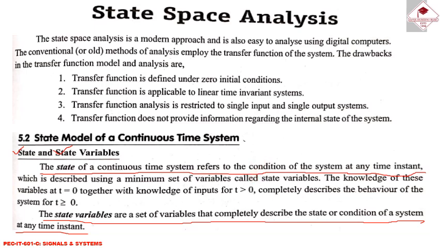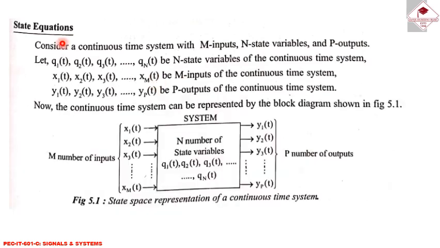Now next we are going to see the state equation. Consider one continuous time system with m inputs, n state variables and p outputs. So one system has m number of inputs, n number of state variables, and p number of outputs.